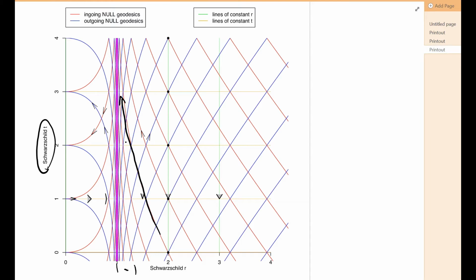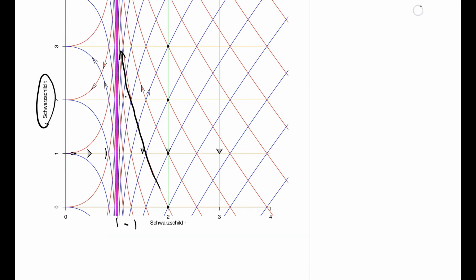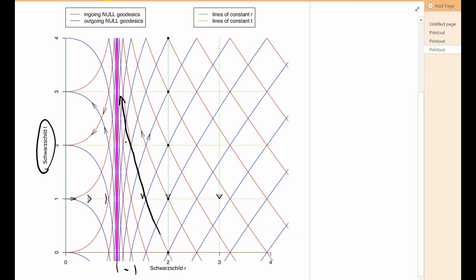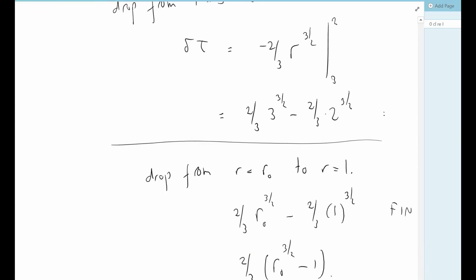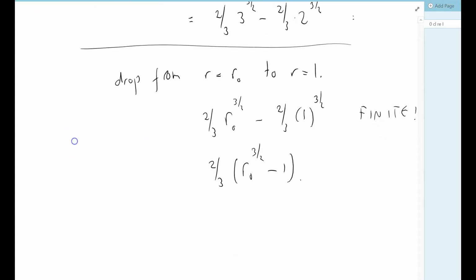What we're looking at here is a discrepancy between Schwarzschild time and proper time. And that difference gets bigger and bigger as you approach the Schwarzschild radius. So that's finite, which is quite interesting.